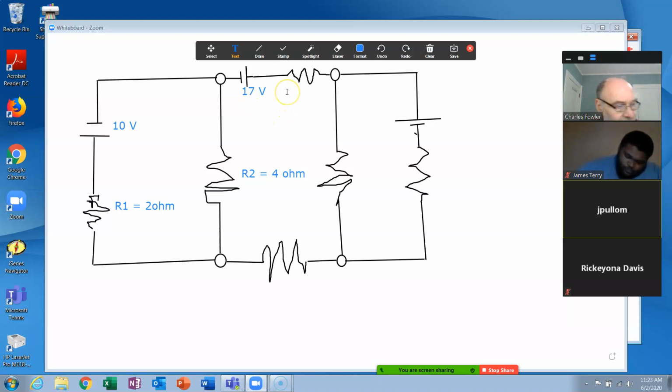This resistor right here is R4, it's 2 ohms. Okay. I'm running out of room, folks. Okay. R3 down here is 1 ohm.